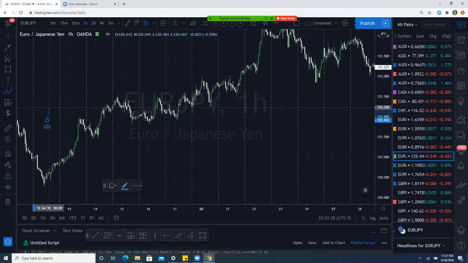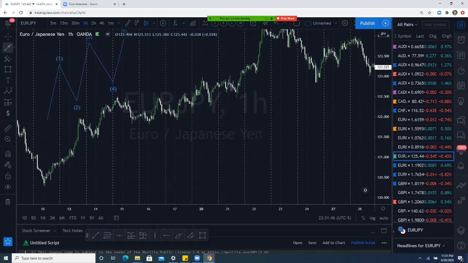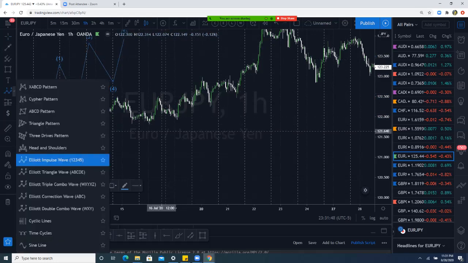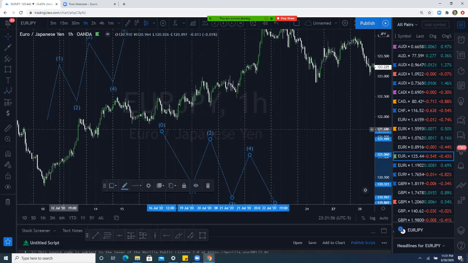For an upward trend, it's going to be a higher high followed by a higher low, and higher high. On a downward trend, it's going to be a lower low followed by a lower high, my bad, lower high followed by a lower low.